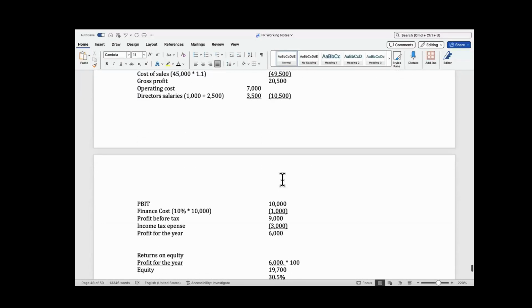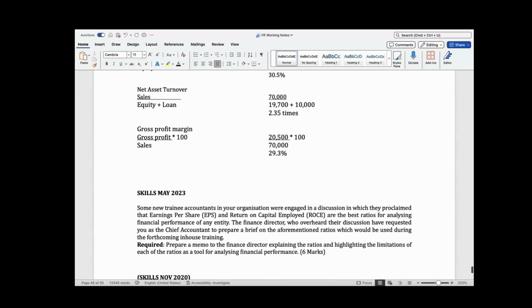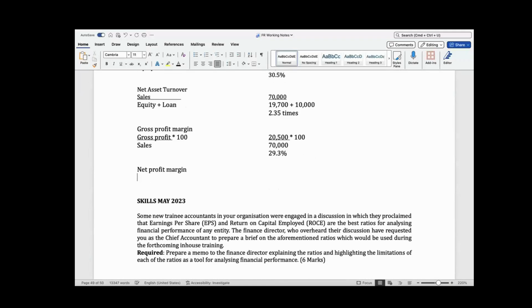Then net profit margin, which will be profit for the year over sales.